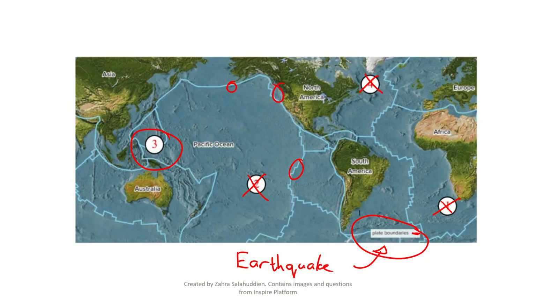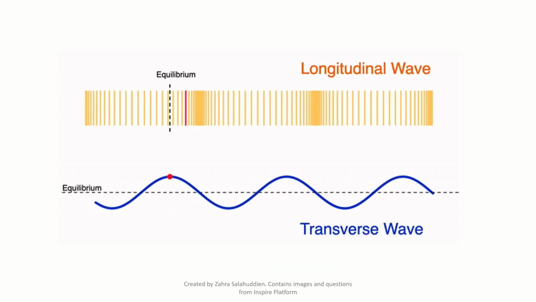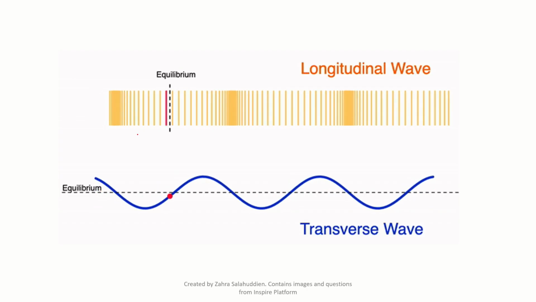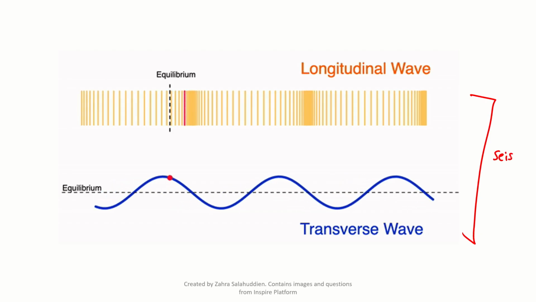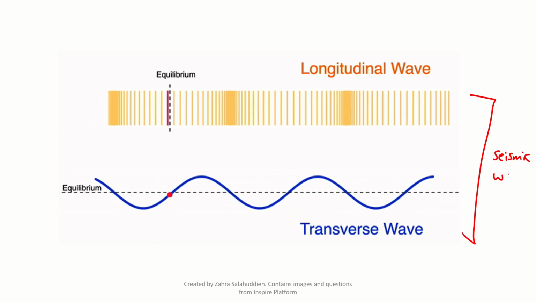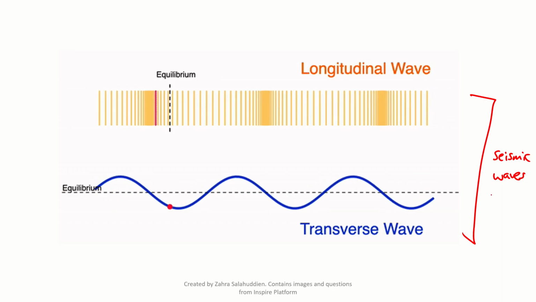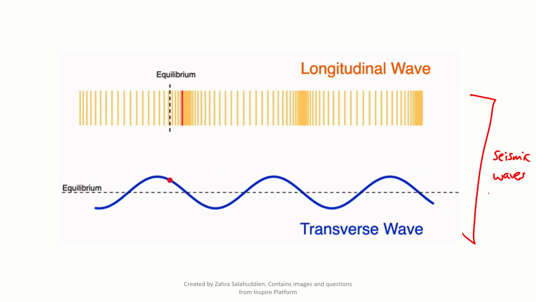Now let's talk about how the energy in the earthquakes moves. Well, they move in waves, and these waves have two shapes. The two waves are called seismic waves. Those are earthquake waves. And the earthquake waves can move in different directions.